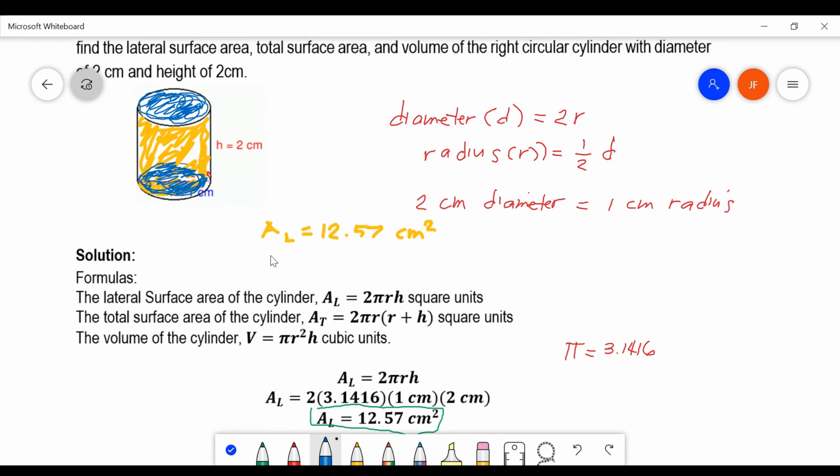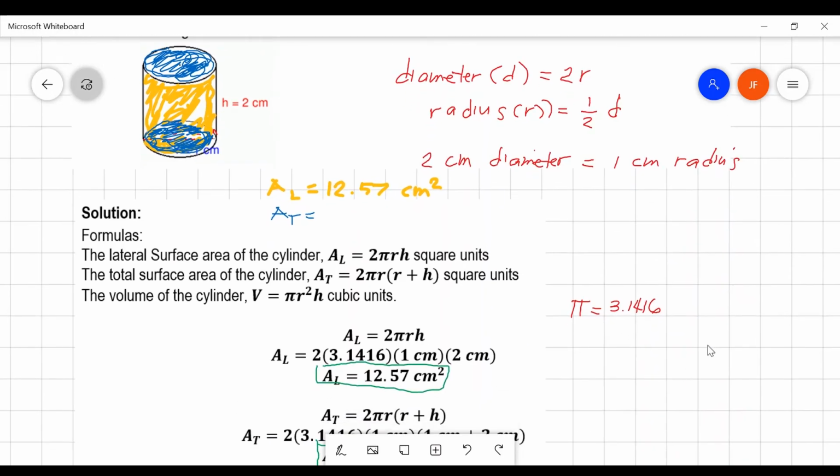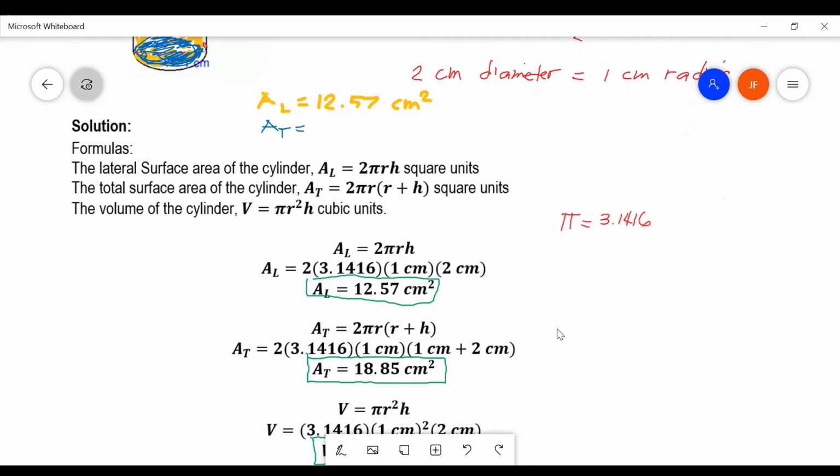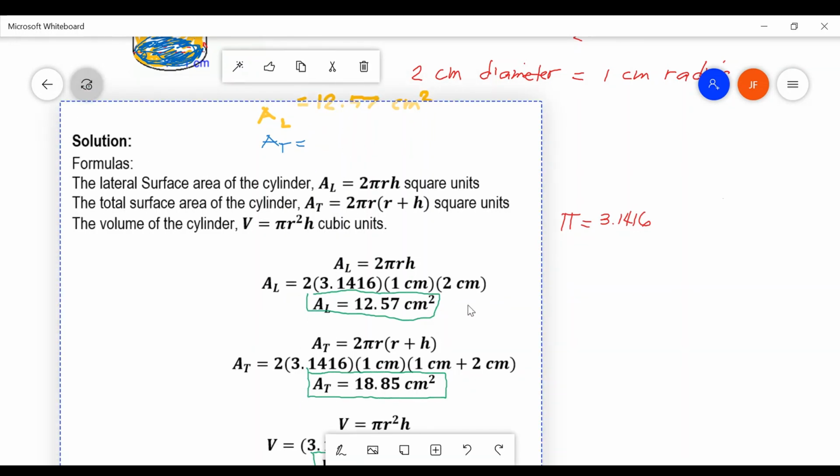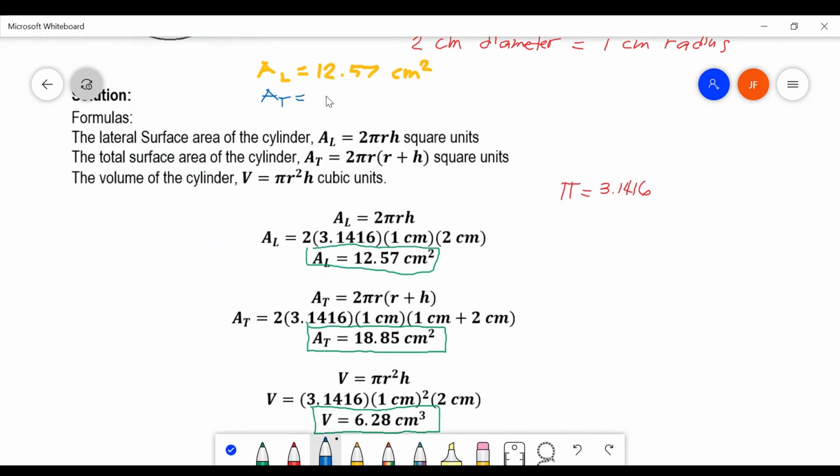Then that's our total surface area, or A sub t, which is equal to 18.85 centimeters square.